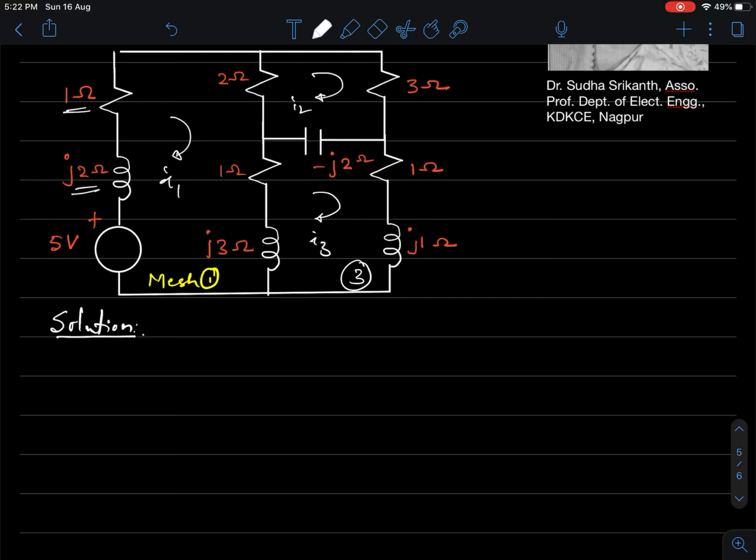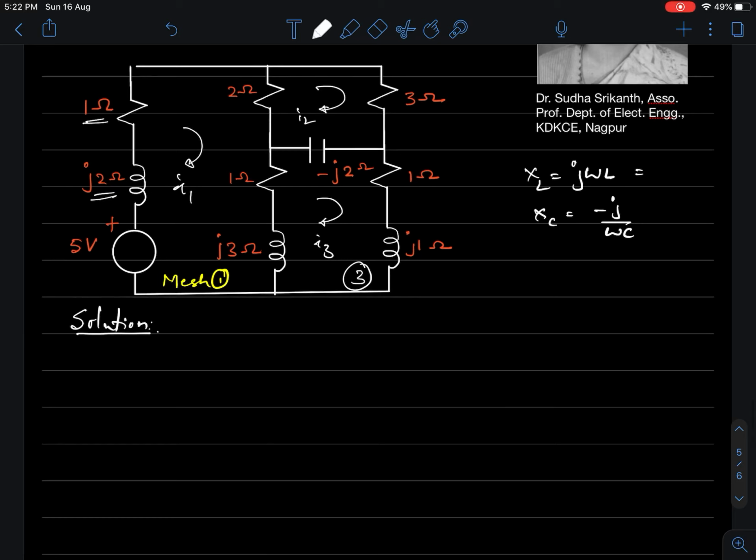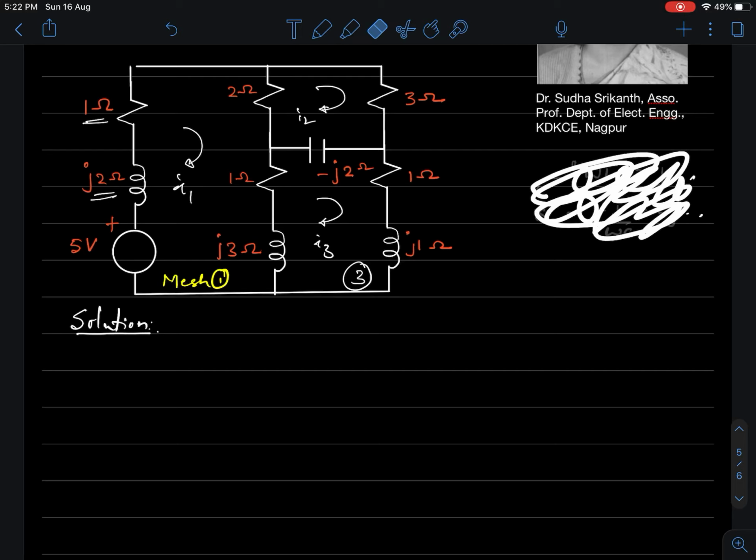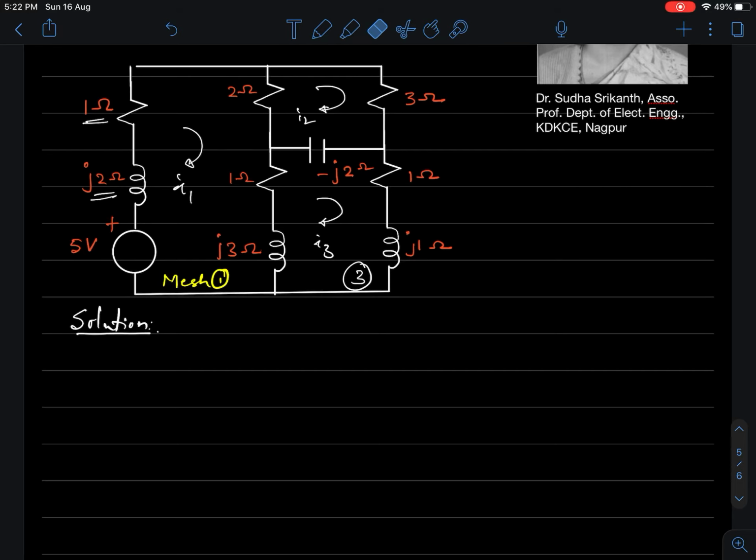We know inductive reactance is represented by J omega L, and capacitive reactance Xc is represented by minus J divided by omega C. Okay, so this is how we represent the reactances, or in other words, it is J something, and this is minus J something. All right. So now, how to write the equations? You cannot arithmetically add real and imaginary parts, so take it as a complex number.